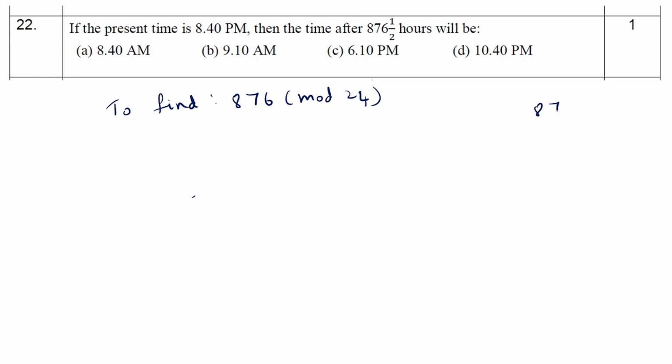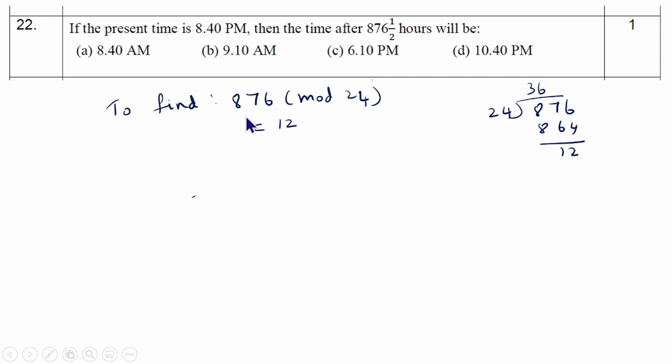So when we divide 876 by 24, we get 12 as the remainder. So the remainder is 12. So 876 mod 24 is equal to 12.